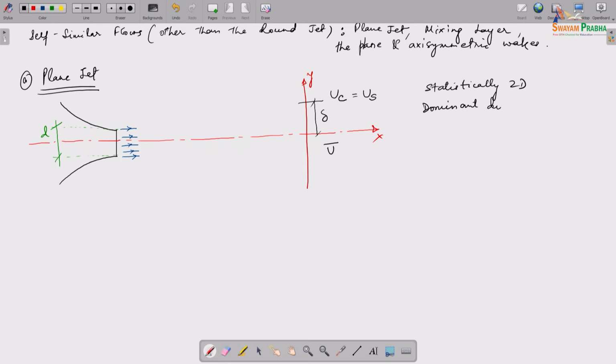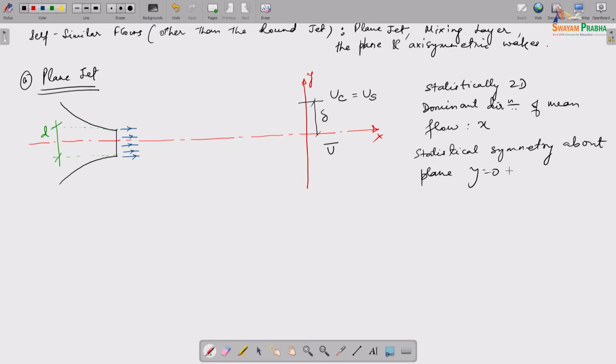Dominant direction of mean flow is X, right? Statistical symmetry about plane y is equal to 0.